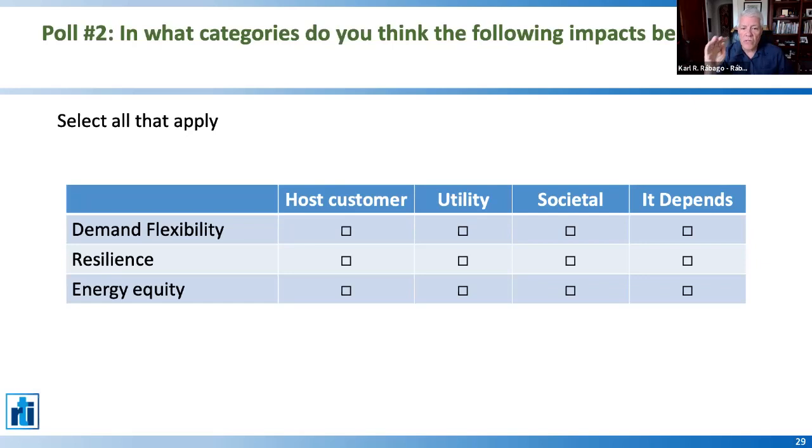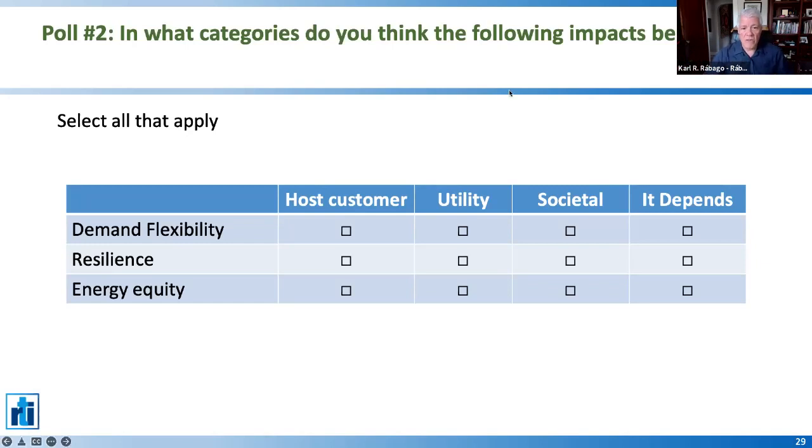It impacts the utility, and has lesser impact on society because it's really something we're trying to capture about the system and how services are provided to the customer. But "it depends" is also a very wise answer, because it depends on how the program is configured, and it depends whether we're trying to look at demand flexibility impacts on specific customers or in a general sense from the utility perspective.